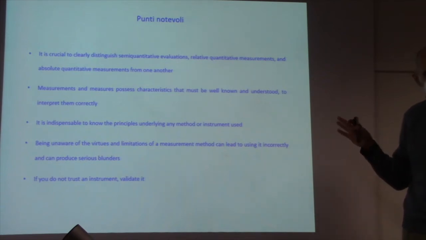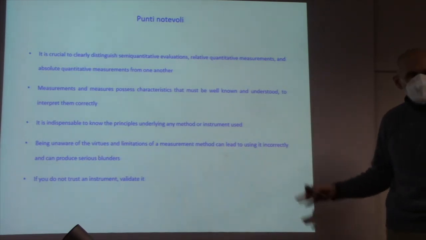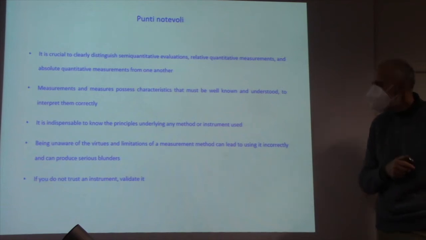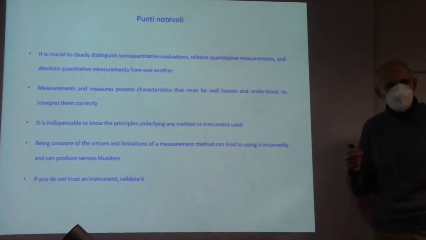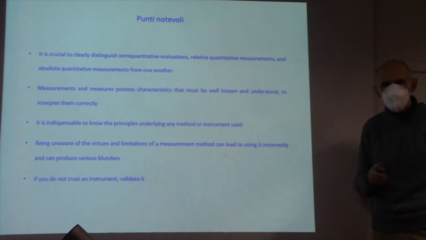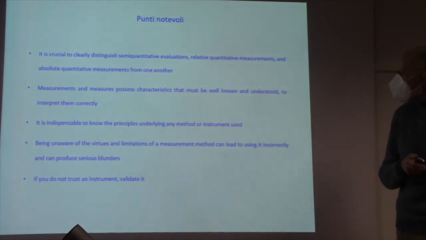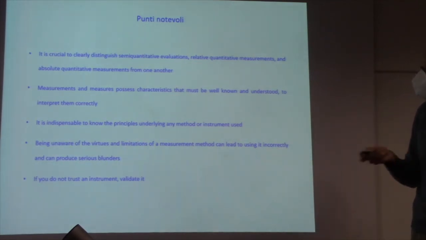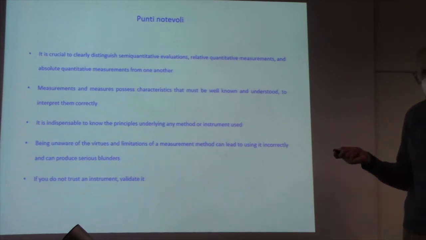As I hope I've shown you in this particular example in Sarah's study, her understanding of the methods really took her through the difficulties and led her to finally devise a proper method for what she needed to do. It is indispensable to know the principles underlying any method or instrument used.